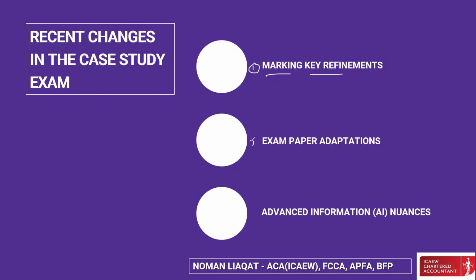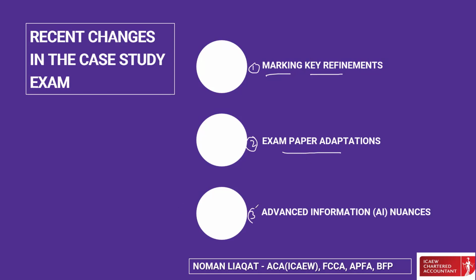Second, the exam paper. The style of the examiner has changed. The requirements have changed in the last few years, and you must understand each requirement carefully. What sort of questions are being asked by the examiner? How should I respond to them?